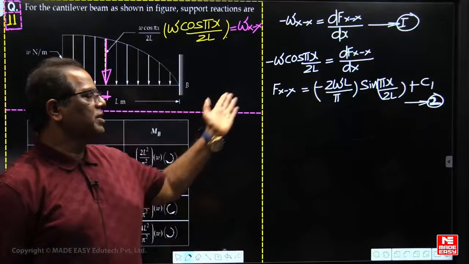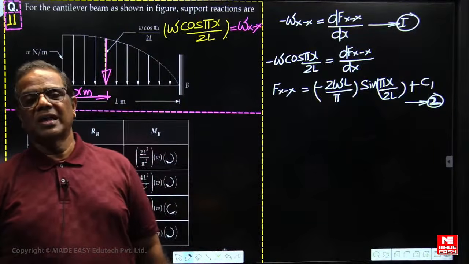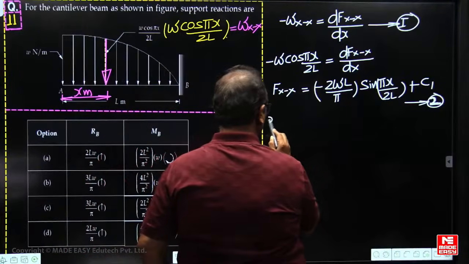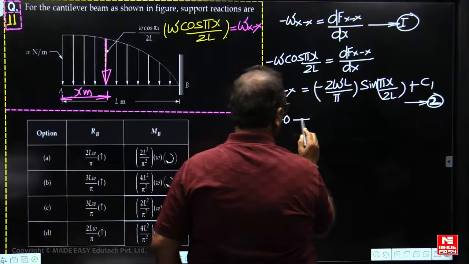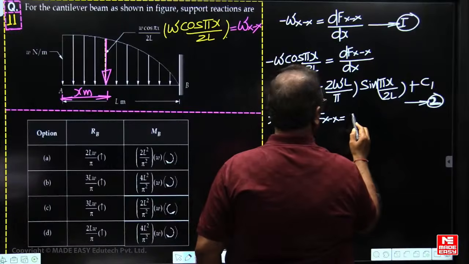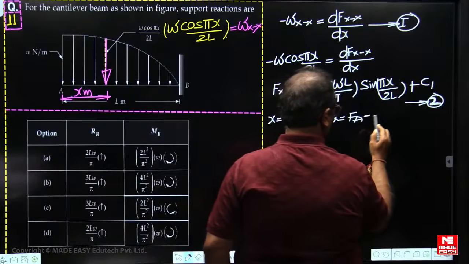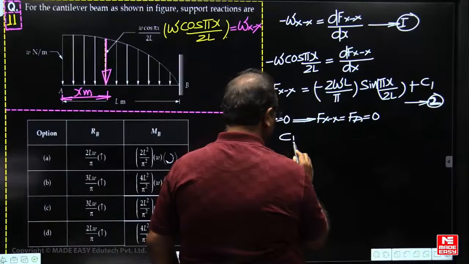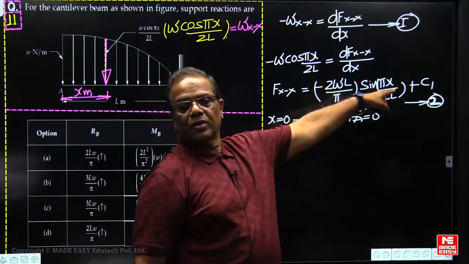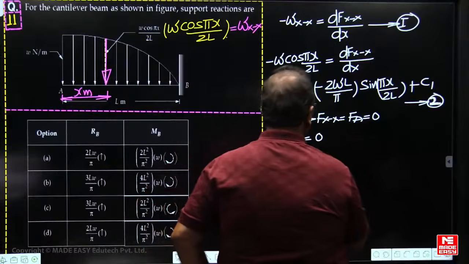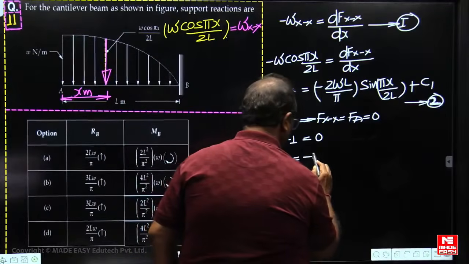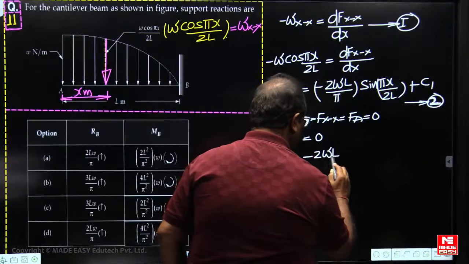How to find out the C1? By using the boundary condition. At the free end shear force is 0, that is, x is equal to 0. Then from this one, C1 value is how much? 0. Sin 0 is what? 0. So C1 is 0. So what is the shear force equation? Minus 2WL upon pi.